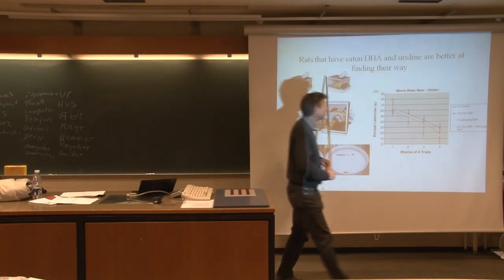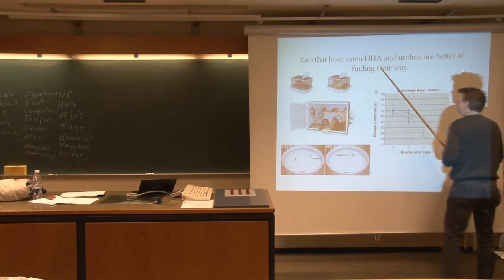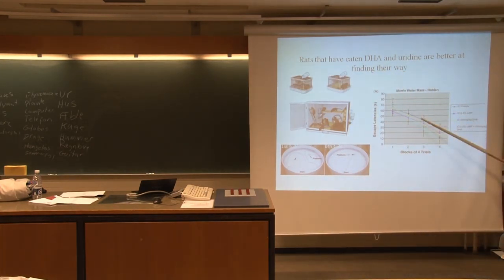So what happens to rats if you give them DHA and uridine? Again, the Morris water maze: you have control rats here, which are not eating uridine and DHA. They start out at a little bit more than 60 seconds to find the platform. After 16 trials in total, they find it within 30 seconds.